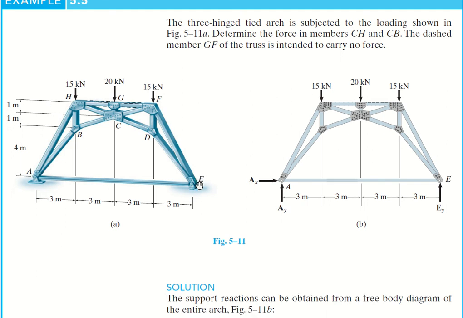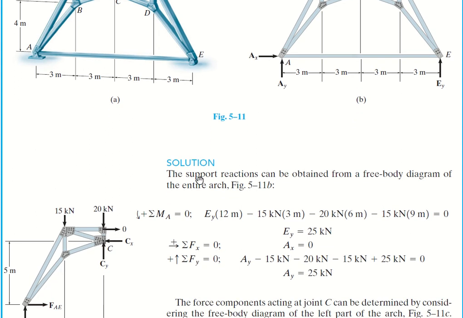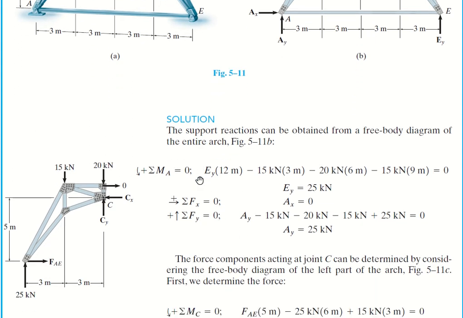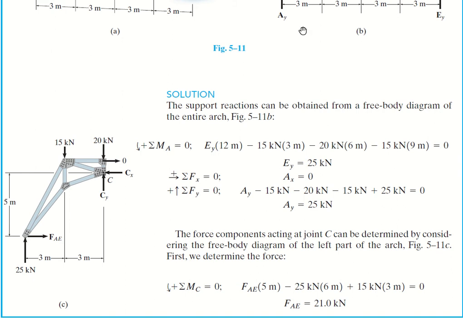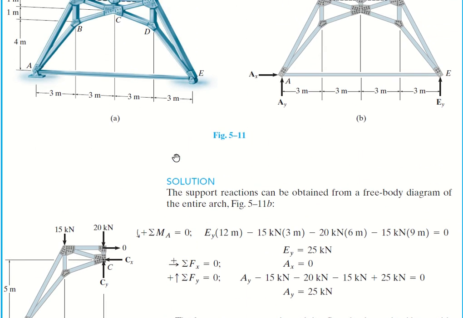Now coming to the solution. It says that the support reactions can be obtained from the free body diagram that I just explained to you in figure B. Taking summation of moment about support A equals 0. Let's get back to that diagram.